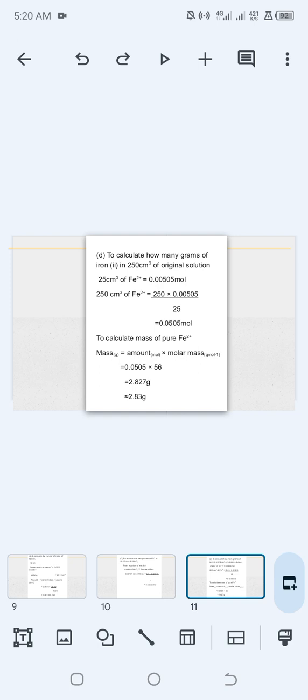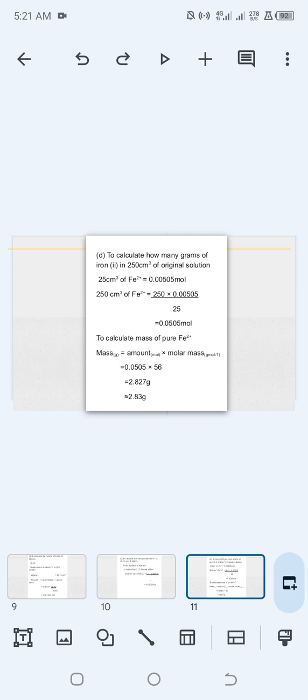D. Calculate how many grams of iron 2 in 250 cm³ of original solution. 25 cm³ of Fe²⁺ is equal to 0.00505 moles.